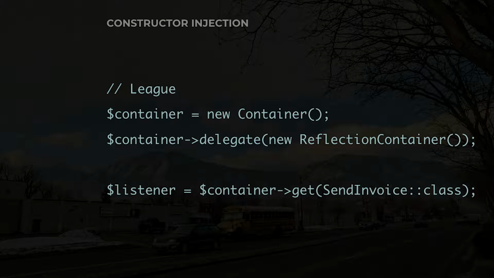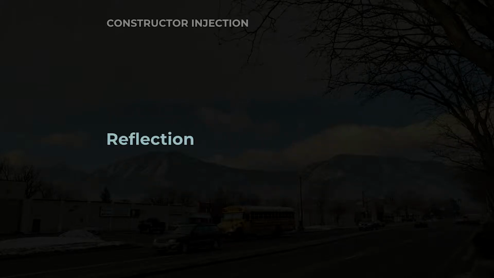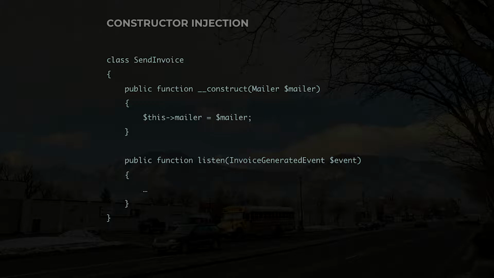So when we ask the container to create a SendInvoice class, it's going to use reflection. It's going to take a look at the SendInvoice class itself. So this is the SendInvoice class, and it has a constructor, and the first argument is mailer. It's type hinted Mailer, and the name is mailer. So in order to be able to new up a SendInvoice object, it needs to resolve Mailer first.